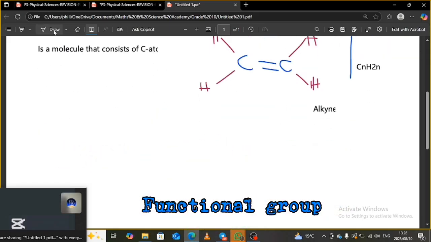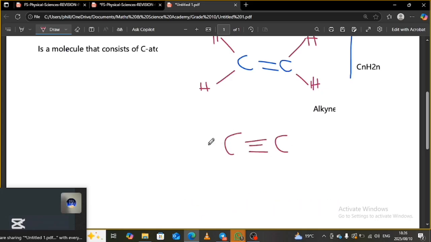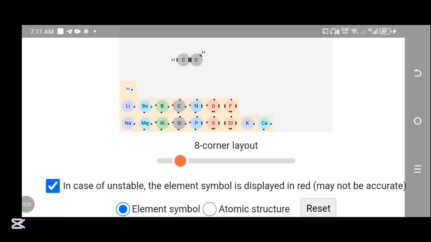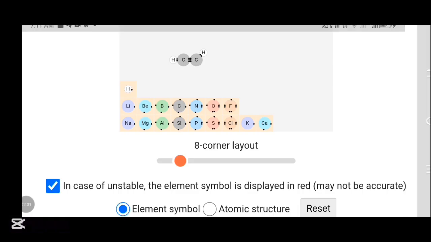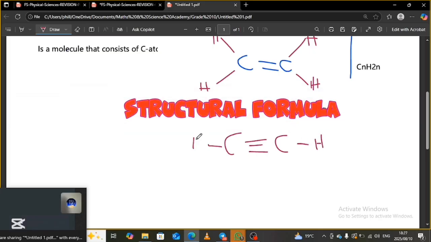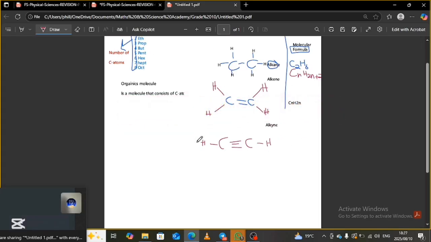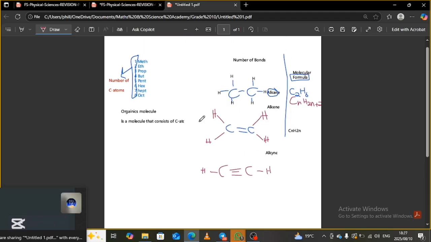Now, let's take a look at alkynes. Alkynes are hydrocarbons that consist of triple bonds between carbon-carbon atoms. Let's look at this structural formula, which consists of two carbons, so we have to find its molecular formula from the general formula.